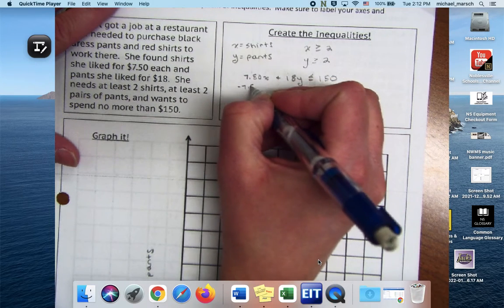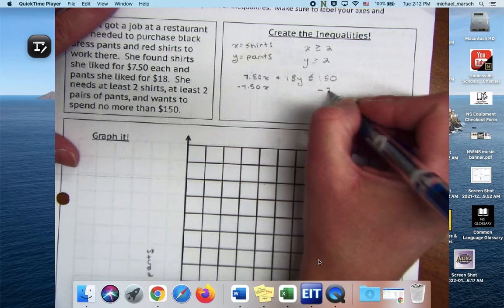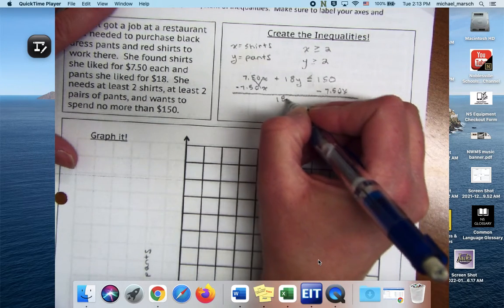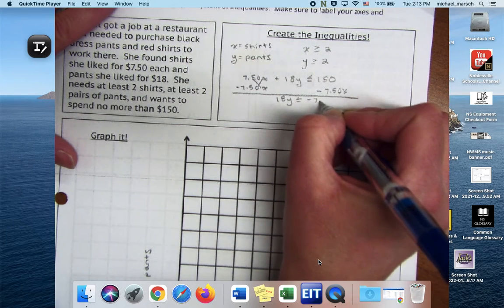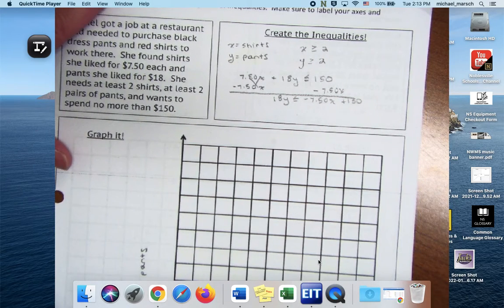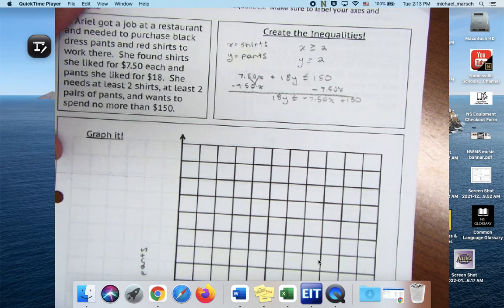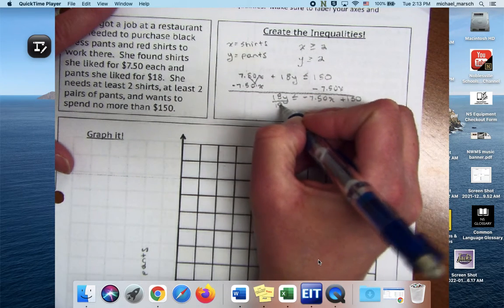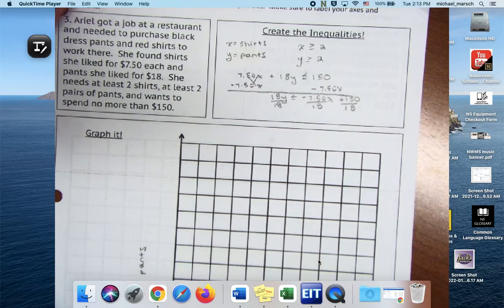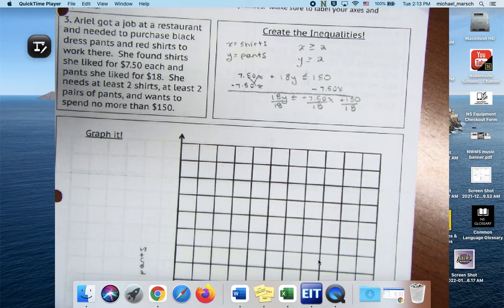So I'm going to subtract the 7.50x from both sides. 18y is less than or equal to negative 7.50x plus 150. So this seems weird because you have 7.50 and 18. That's a weird fraction, right? How does this work out?